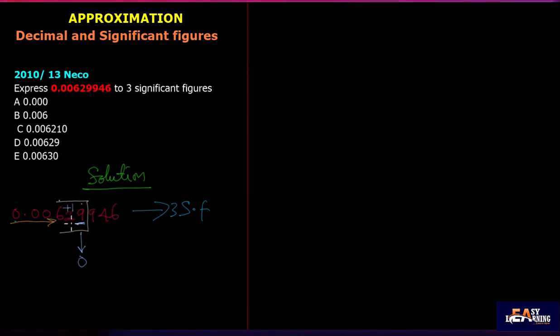When we add 1 to 2, it becomes 3, and then we bring down 6. So the significant number is now 630. Now you can bring down these decimals here, 0, 0. So what we have is 0.0630. That's the answer. So looking at our options, E is the correct answer.